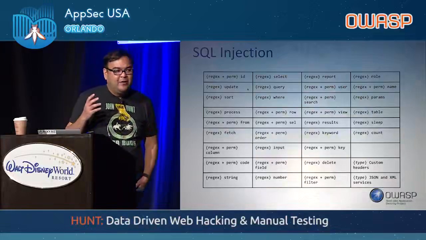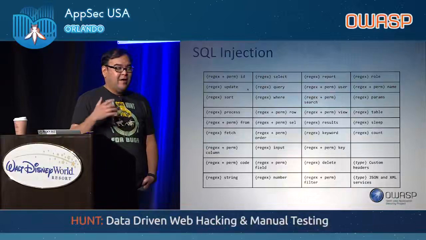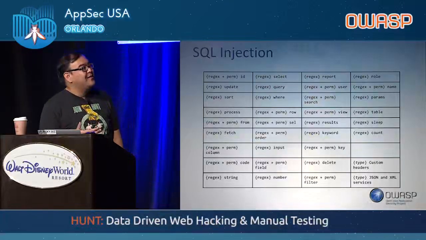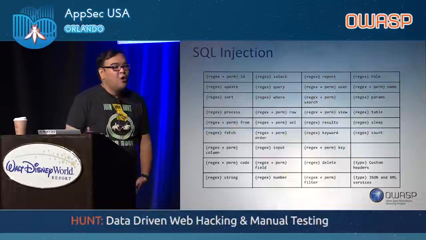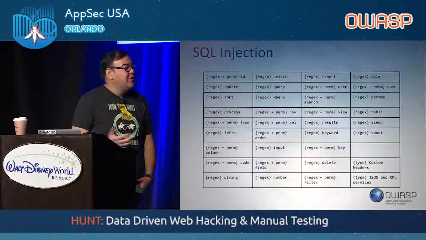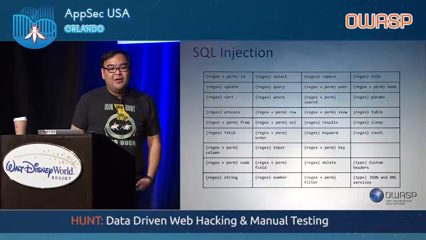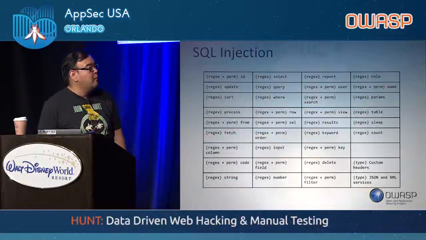Really grammar that was indicative of talking to a database. When you look at this slide, it's like, well, duh, of course I'm going to inject on those. But it's hard for a new pen tester to know that off the bat without having all of that knowledge ahead of time, and that's what we're trying to solve here.